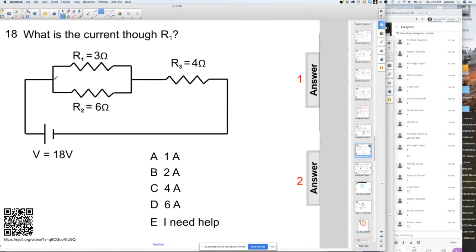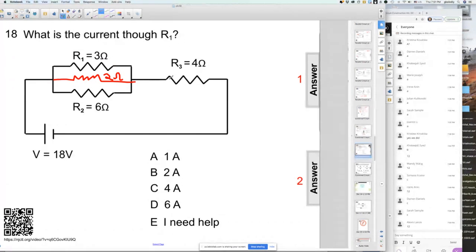There's a number of ways of doing this, but the easiest way I think is go back and look at what was the one resistor that replaced these two. And you remember it was a 2 ohm resistor. So we're going to find the current through this 2 ohm resistor, the voltage across this 2 ohm resistor, and that'll be the voltage across here.